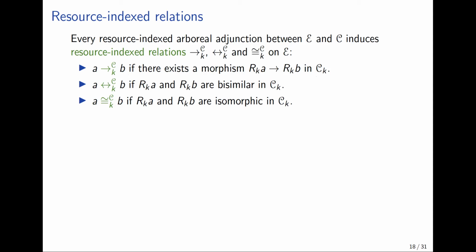That's what you're doing. And then similarly, you can look at whether these two objects are bisimilar in the arboreal category, and that gives you a k-bisimilarity relation on the base category. And you can do the same for isomorphism in the arboreal category, and that gives you some notion of k-isomorphism in the base category.